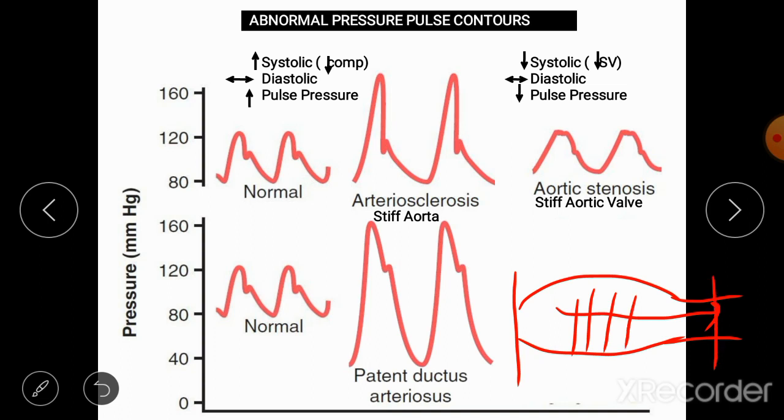But during patent ductus arteriosus, there is an additional pathway for the blood to move towards, and instead of moving to the peripheral arteries, some of the blood starts moving into the ductus arteriosus, which results in a great reduction in the diastolic aortic pressure, which is manifested here in this graph.